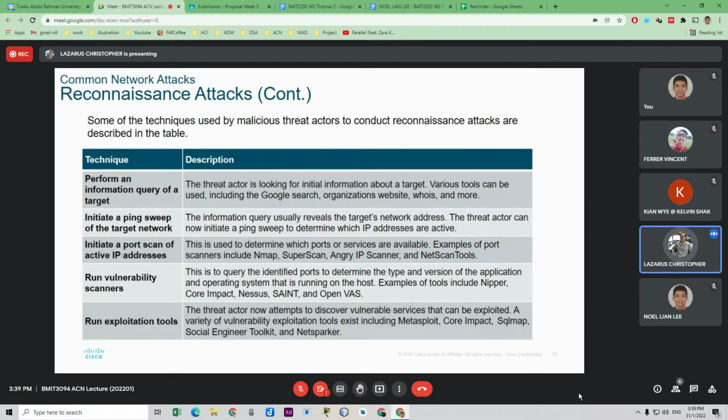Then if I discover one, I can run specific exploitation tools to exploit the vulnerability of that particular application, that service, that port for that particular IP address. So this is the step that a threat actor can perform, right?